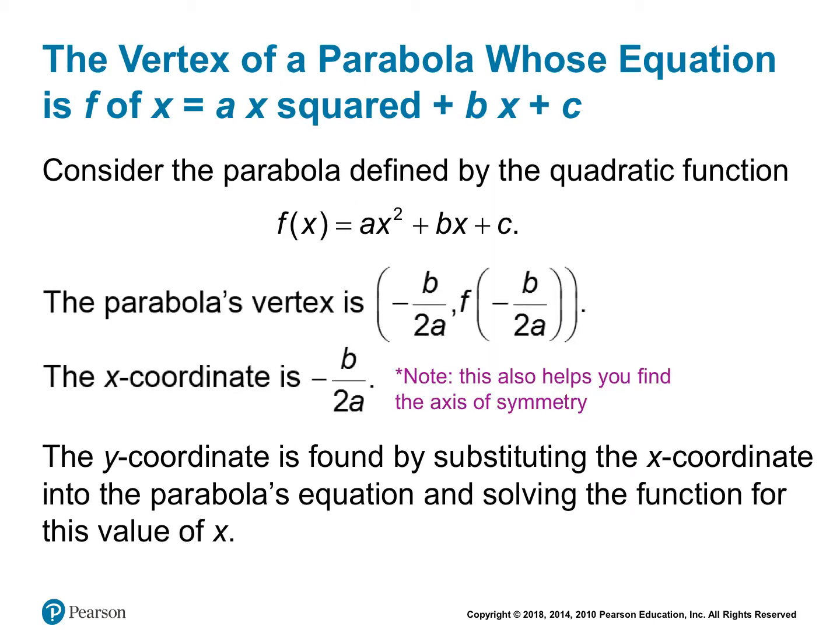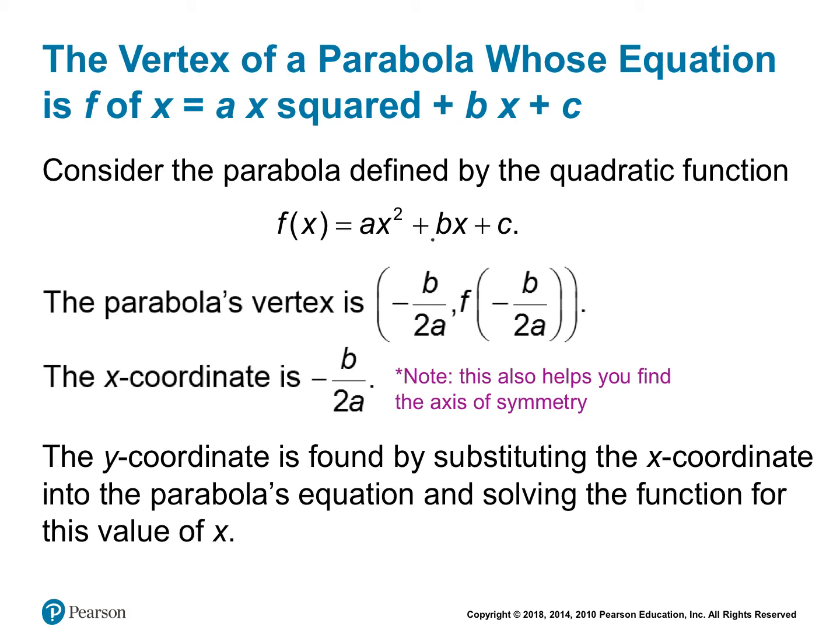Okay, now we're going to have it in a different form. This is going to look more like a quadratic equation where it's not factored, it doesn't have any parentheses in it. So a quadratic function, f(x) = ax² + bx + c. For the parabola's vertex, you have to take negative b divided by 2a.